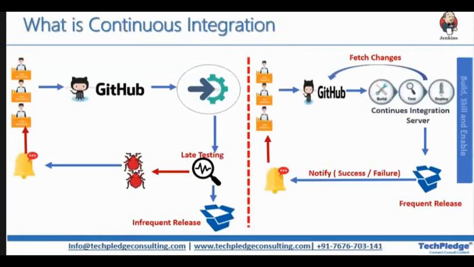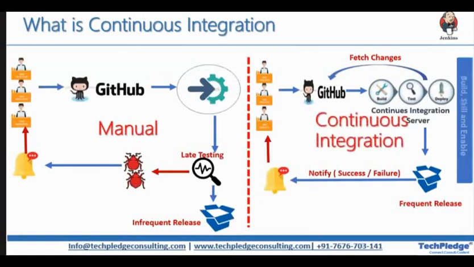So here in this slide, I have tried to showcase two scenarios of software development lifecycle. First is manual, right? And another one is with some tool like Jenkins for continuous integration.